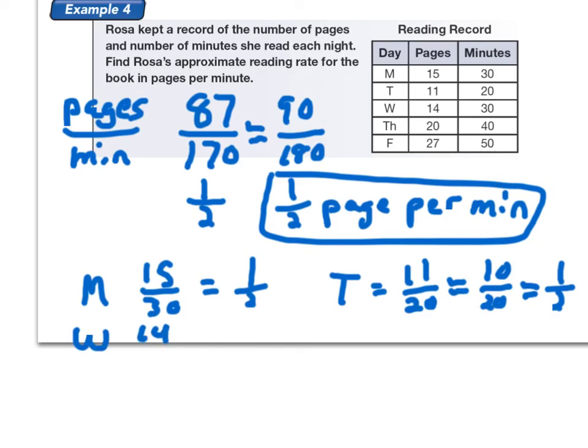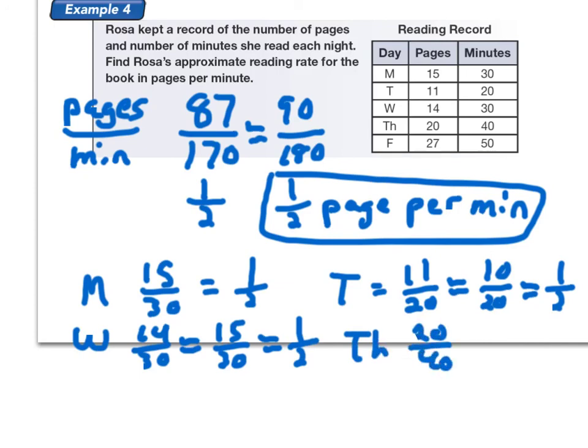Wednesday, 14 pages for 30 minutes is pretty close to 15 pages for 30 minutes, which is about a half again. And Thursday, 20 pages for 40 minutes is a half a page a minute again.